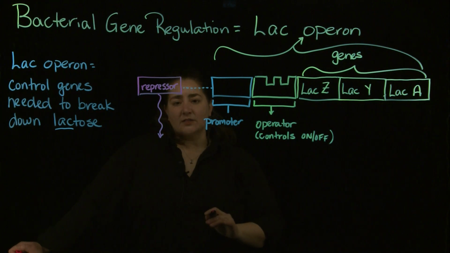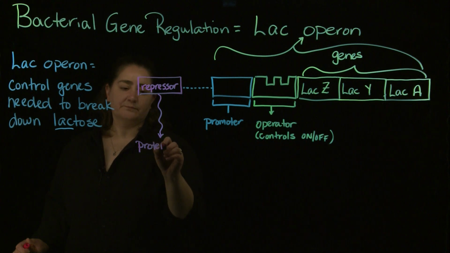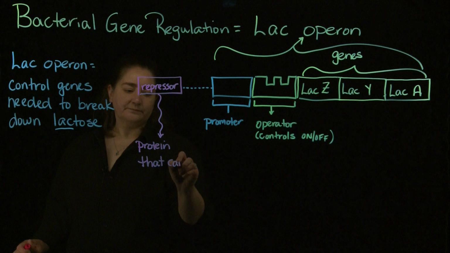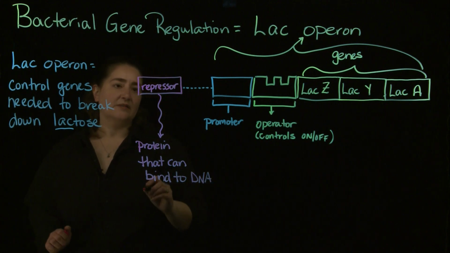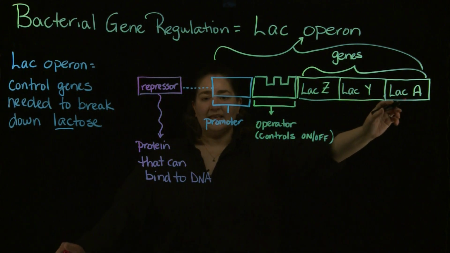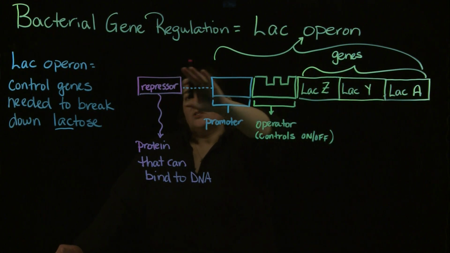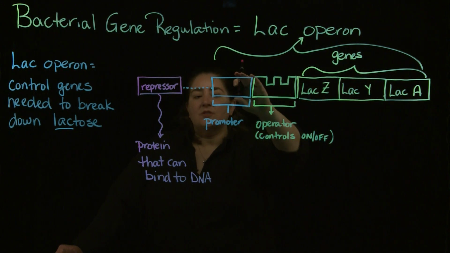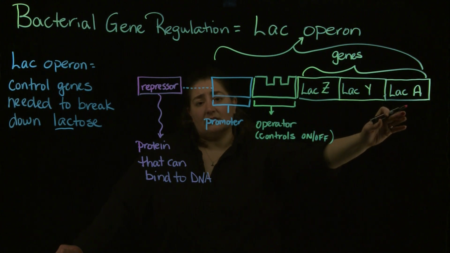But the repressor encodes a protein that can bind to DNA, all right? So the line that I have going here is going to represent a strand of DNA. So you're going to have A, T, C's, and G's here that make up the repressor protein, the promoter region, the operator region, and the 3 genes, all right?